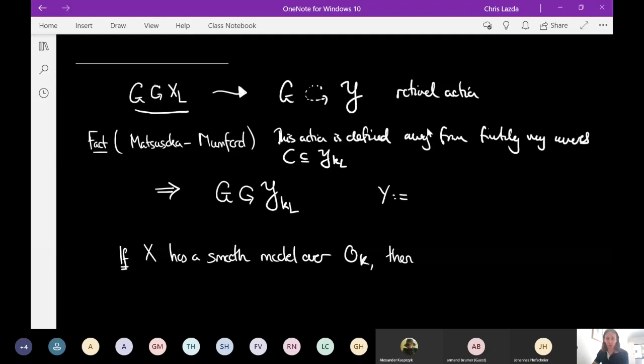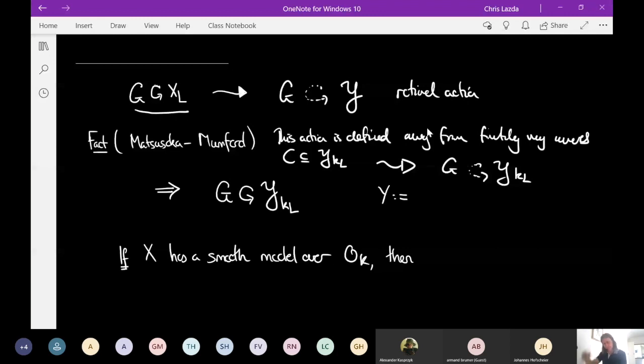So in particular, I can restrict the action to a rational action on the special fiber. So I get a rational action of G on the special fiber. Because the thing I started with is a K3 surface, you can actually show that this special fiber is now going to be a K3 surface. And if you have a rational action, this then has to be regular.